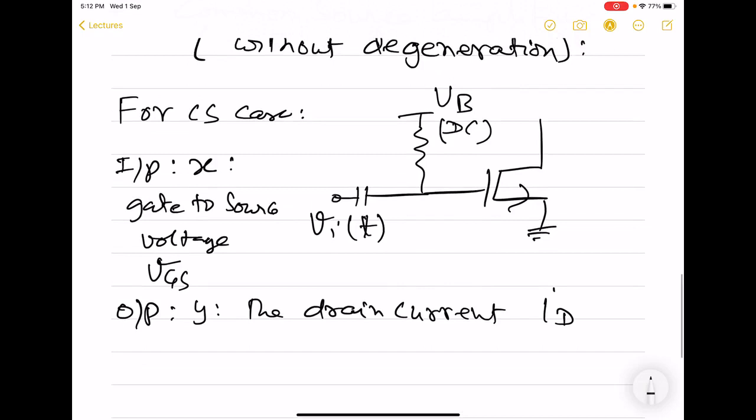And here we have kept the blocking capacitor to isolate this time varying part, let us call it AC, from this bias part, which is DC.